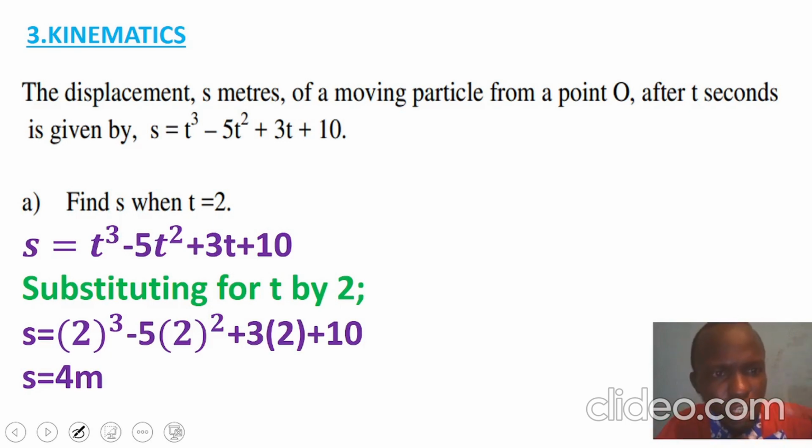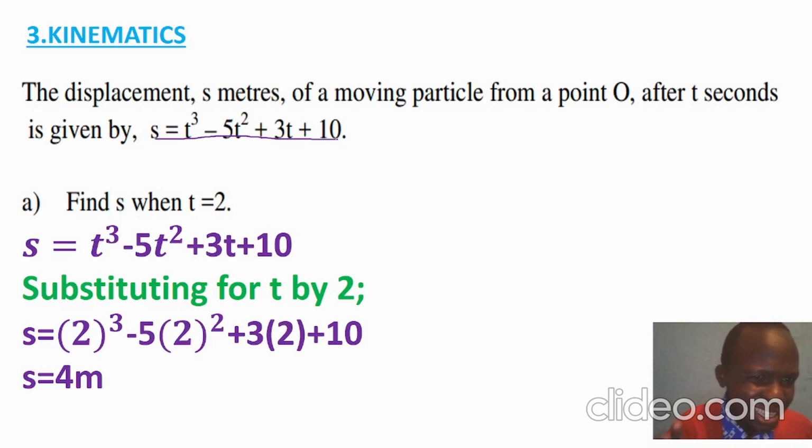We are going to use other symbols. Our function here is s is equal to t cubed minus 5t squared plus 3t plus 10. So that is our original function.